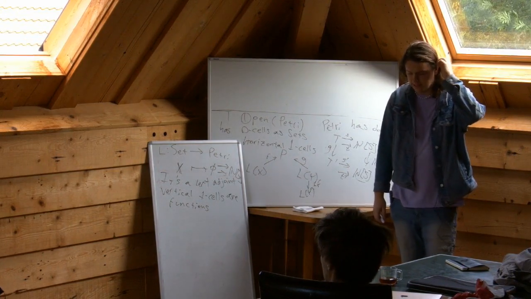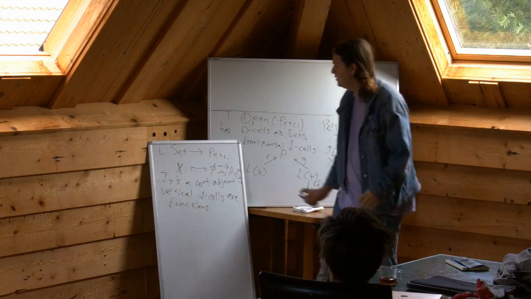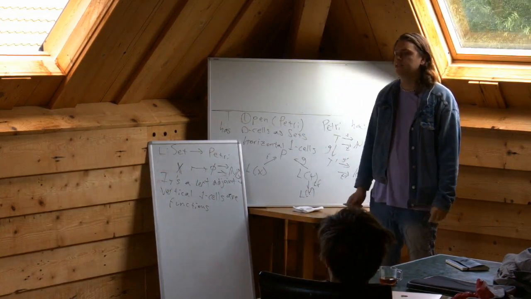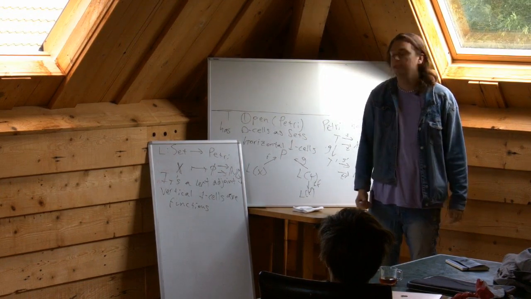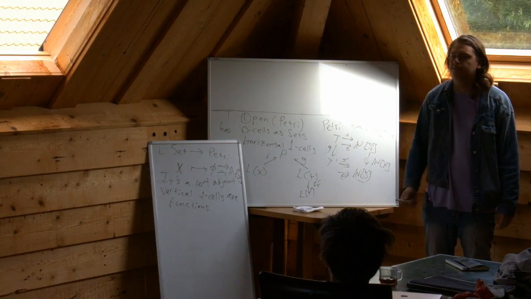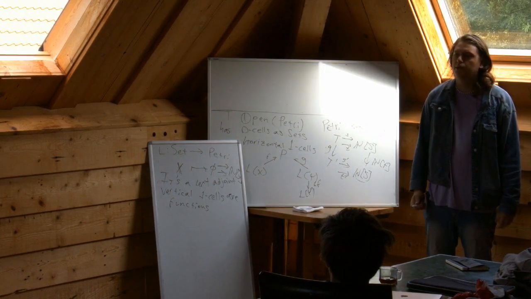Yeah, essentially, you need this to be a left adjoint. Maybe not to just get the double category. You definitely need it to be a left adjoint for it to be a symmetric monoidal double category, which it is.